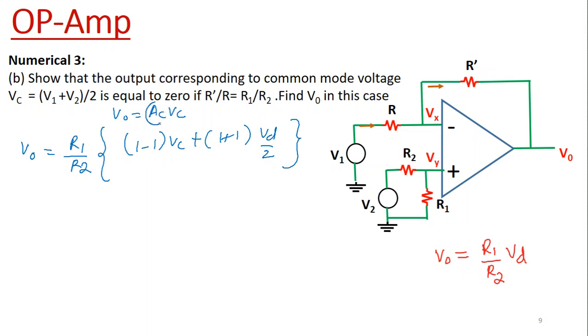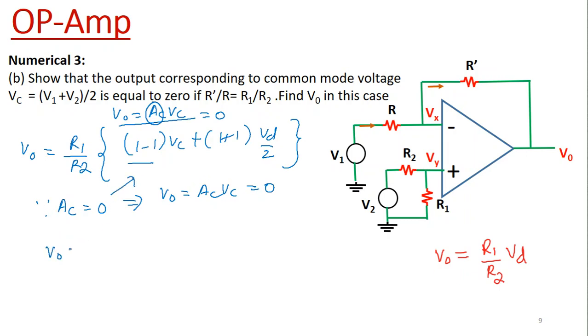This AC term is becoming 0, so the output voltage will also become 0 here. Therefore, the output corresponding to common mode voltage, V0 is equal to AC Vc, will also be equal to 0 since AC is 0.